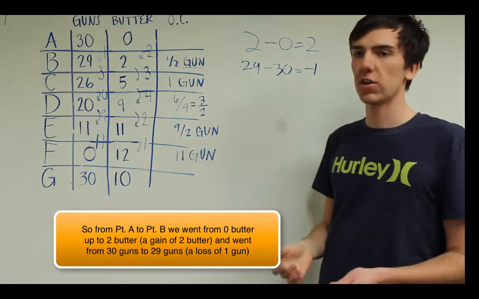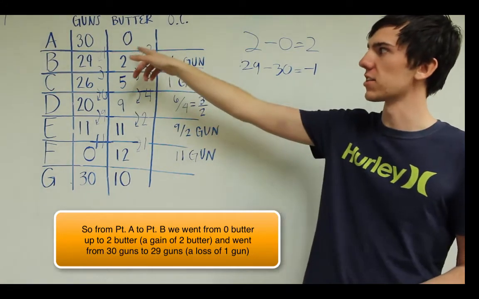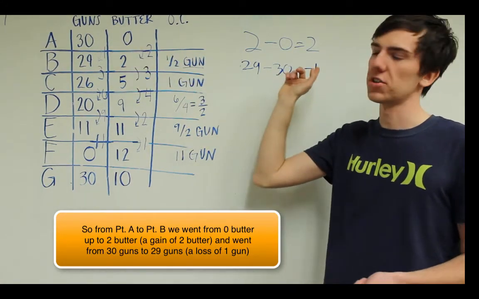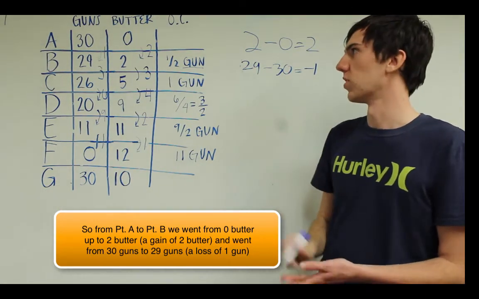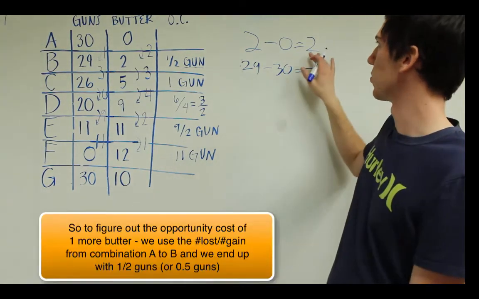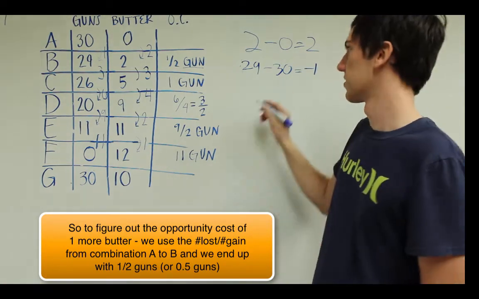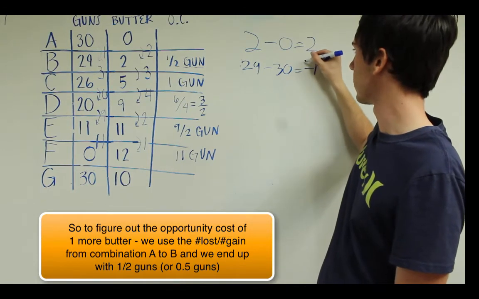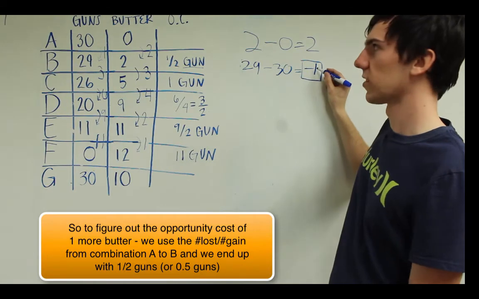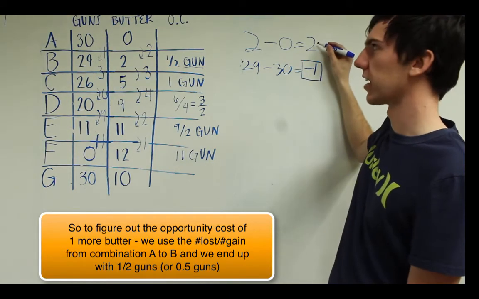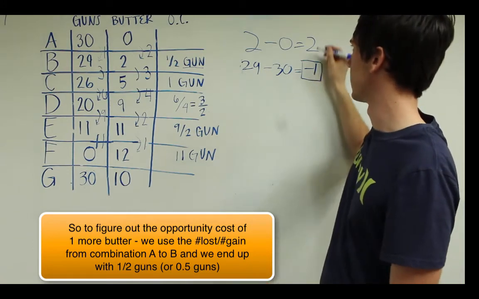But what if we wanted to know the opportunity cost of an additional butter? We already found the opportunity cost of 2 butter, but we just want to know a unit change of 1 butter. It's pretty straightforward still. We gained 2, but we want to find out the cost for 1. If the loss of 1 gun happens when you gain 2 butter, and you only want 1 butter, we're just going to divide this by 2.